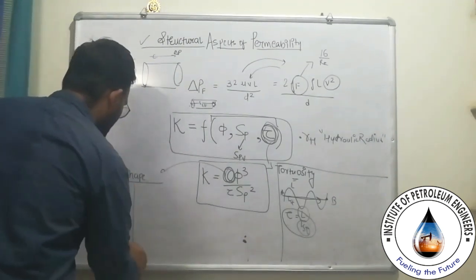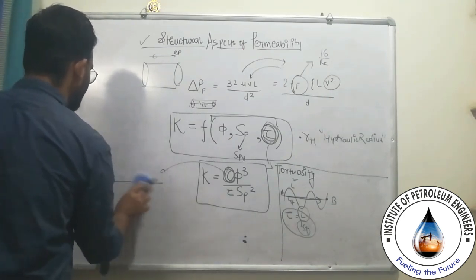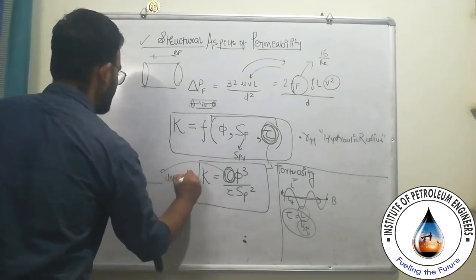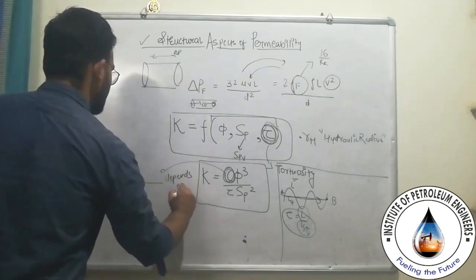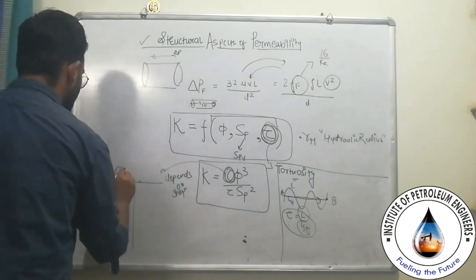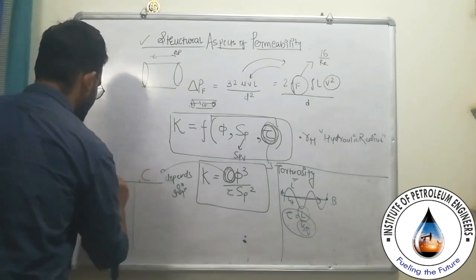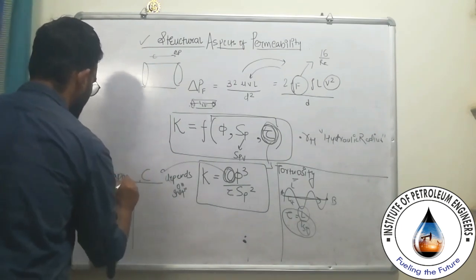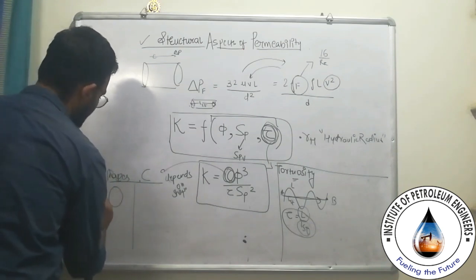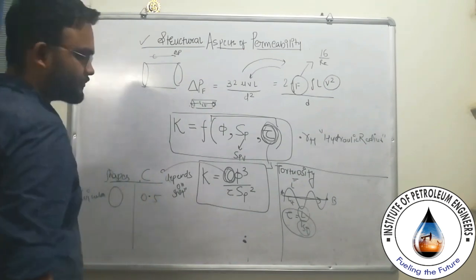So the shape: if I give you the values of C for different shapes, it depends on shape. It is a constant for a given shape. So let me give you the values of C for different shapes, right? If my cross section is circular, C is 0.5, right?